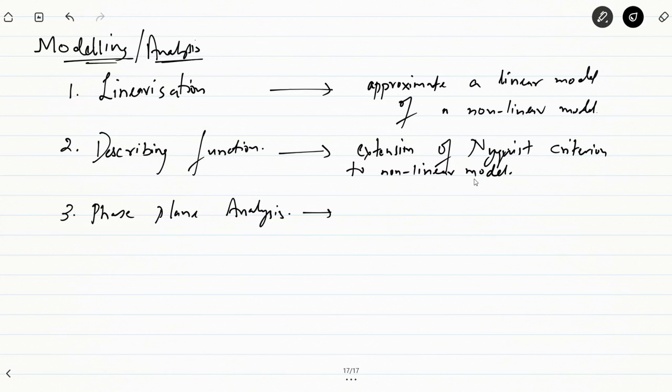It's a frequency response based approach, and what we do is that the fundamental harmonic of the output of the system is compared with the sinusoidal input of the system. For any system, instead of giving a step input, we'll give a sinusoidal input and analyze the output behavior and its fundamental component.